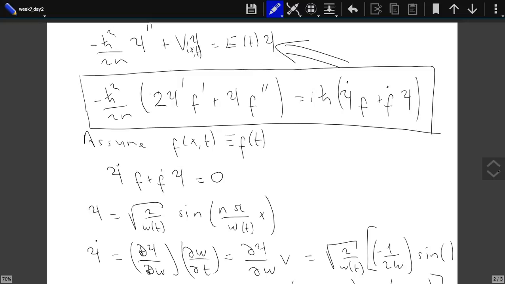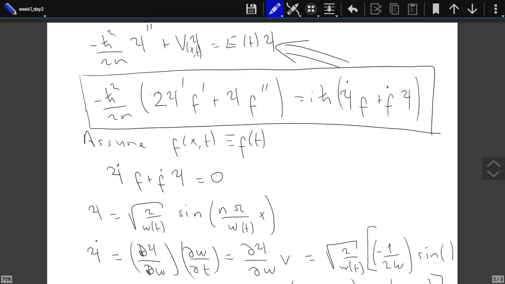Let's look at the left-hand side. For the time being, the book just gives the answer, so I'm just trying to derive it rather than writing down the answer. Let's try if, for example, f is 1. We know that the initial condition was that f should be equal to 1.